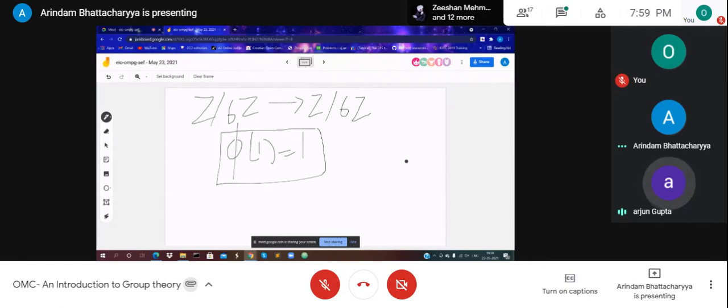I think this is similar to Cauchy's functional equation. Yeah, in some sense, because it is additive, right? The operation is addition. Since it is a homomorphism, it has to satisfy phi of x plus y equals phi of x plus phi of y.